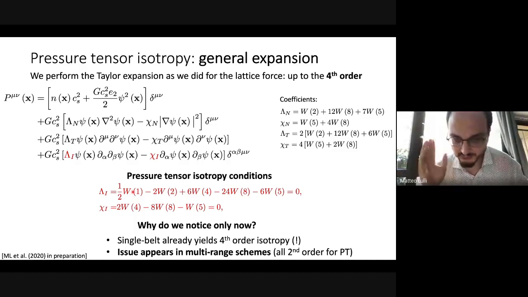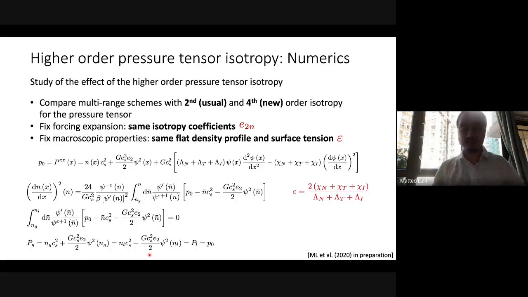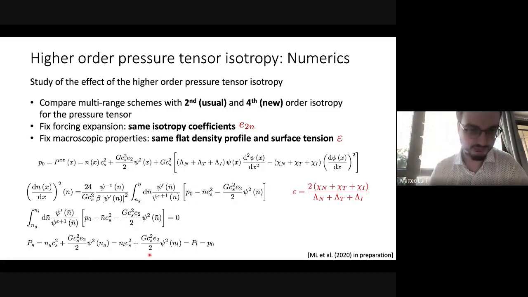So the fourth order isotropy is already assured for the single belt, of course, likely not for the sixth order and so on. So the issue only appears in multi-range schemes, which are all second order from the point of view of the pressure tensor, independently of the order of the forcing.